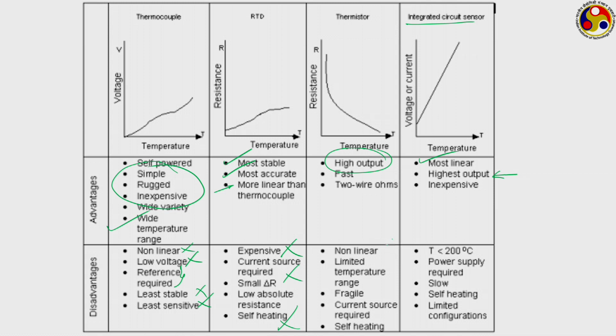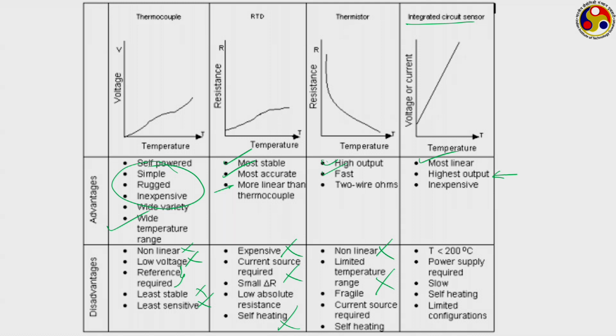Thermistors, the problem is the non-linearity in the output and the limited temperature range, and also their fragile nature and self-heating related issues quite similar to RTDs, but their advantages are the high output and extremely fast response, particularly if you want to use in some kind of feedback circuits or temperature control application. Thermistors can be a very good option.